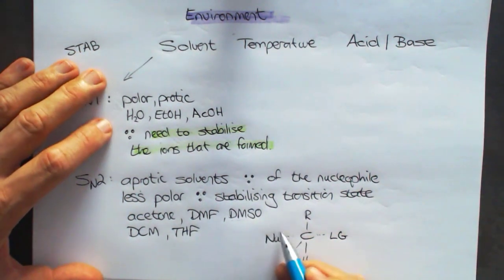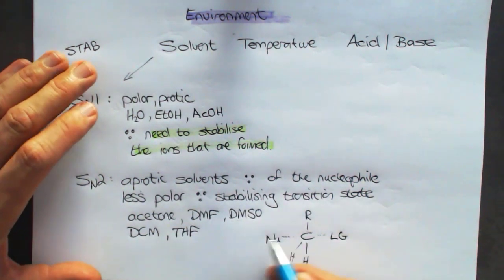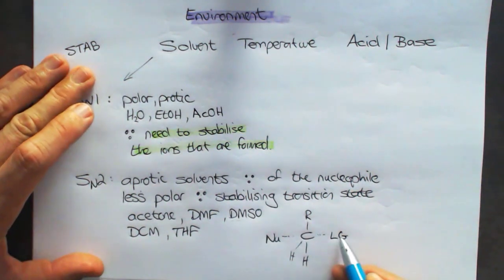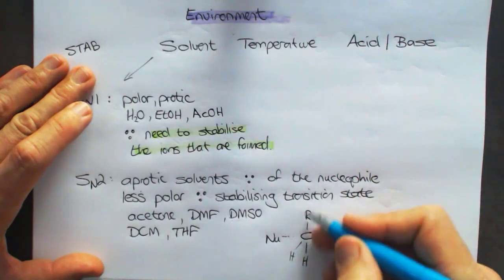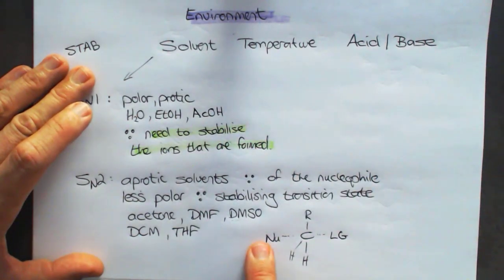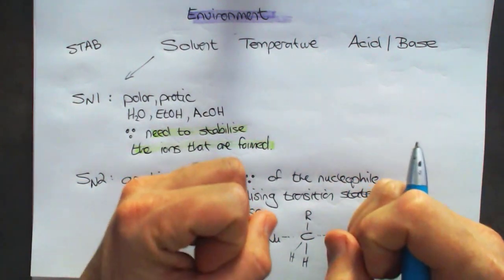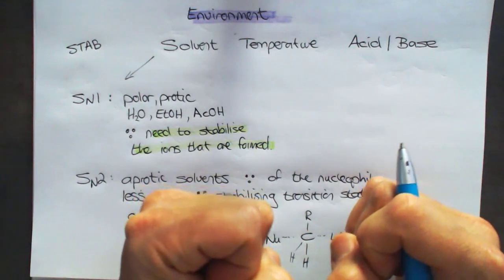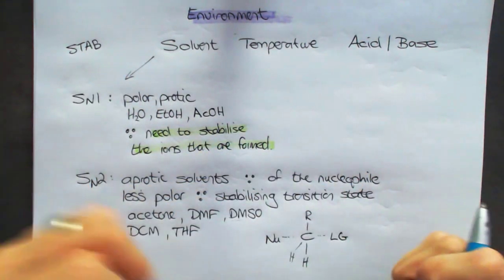The nucleophile will be sort of charged and the leaving group will be charged, but actually overall, initially, as this is happening, it's a relatively non-polar environment. So this part is kind of flat. The nucleophile coming in and the leaving group leaving are both negatively charged, but they're kind of in tension between each other. So that transition state is sort of stabilized by a slightly less polar solvent.